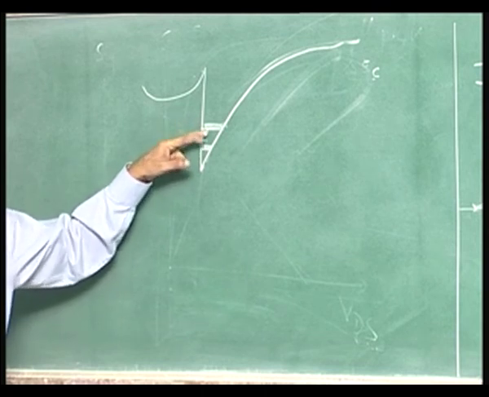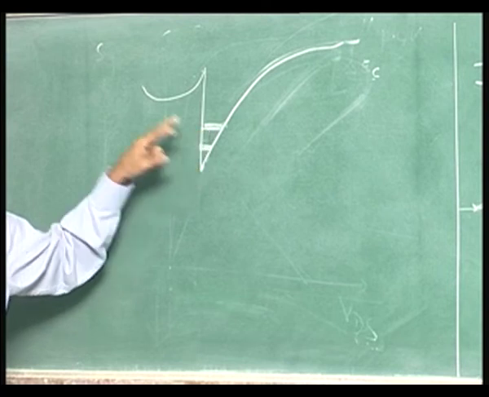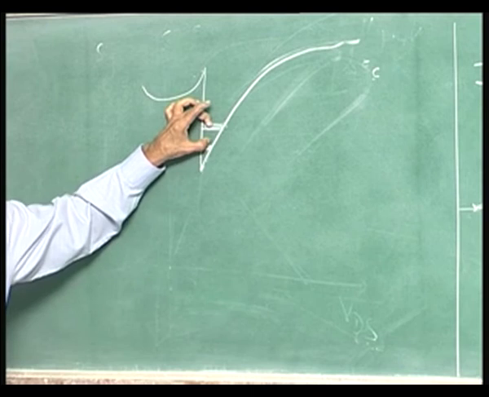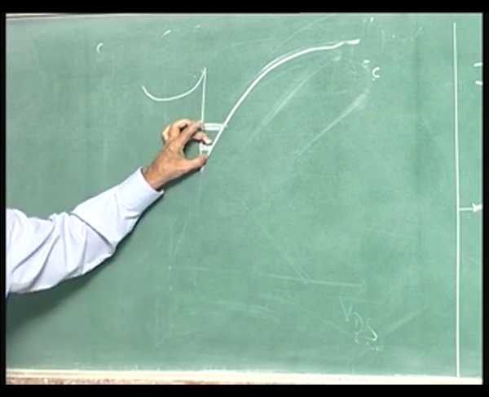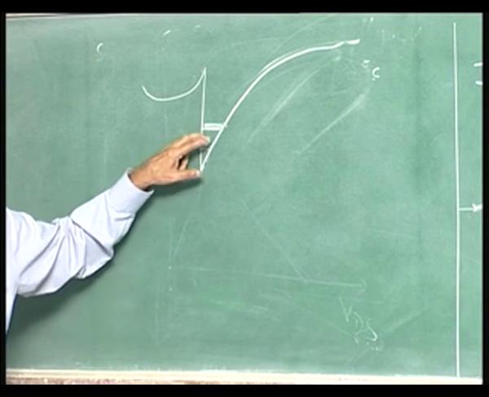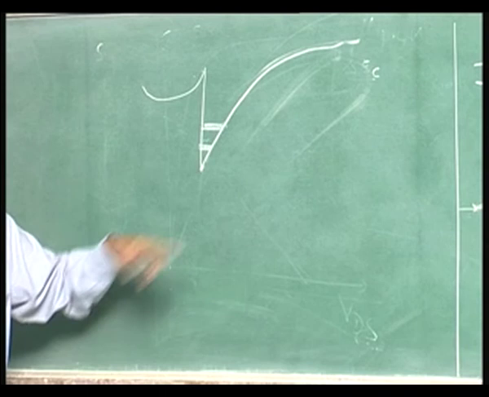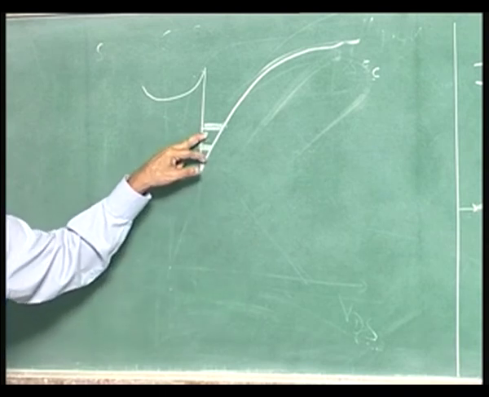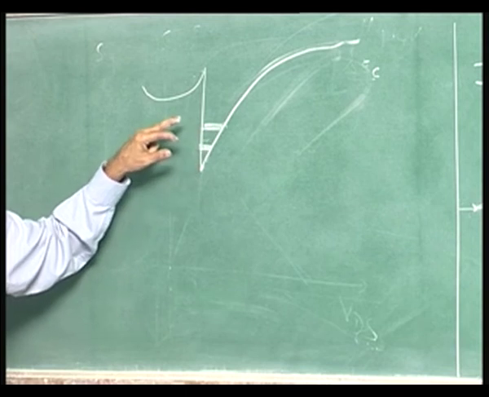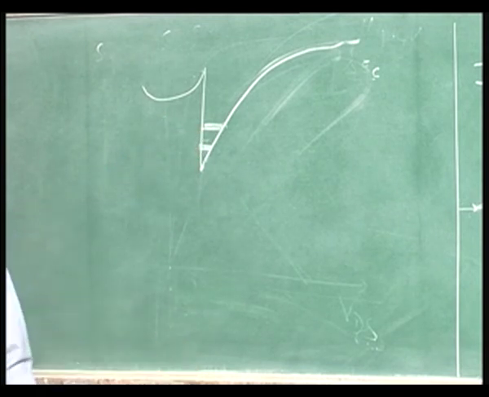More and more will get filled up here as you go to more and more gate voltage. Okay. And in these levels the electron mobility is slightly smaller than this. Go to the higher energy, okay, you have lower momentum. In fact, you can see those curves, you go up in the momentum curve, the effective mass slightly falls here. So, because of the fall in the mobility, the transconductance is not as high.